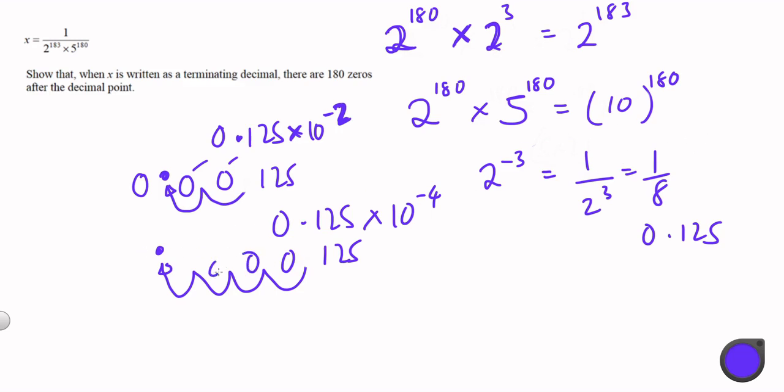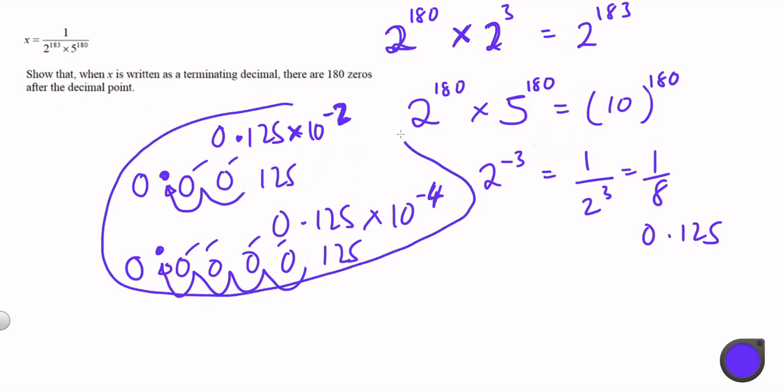Don't forget to put the zeros in and the 0 before the decimal point. So when you times by 10 to the power of minus 4, you get 4 digits after the decimal point. So these things you need to understand. Everything I've shown you here, all of this you need to understand.